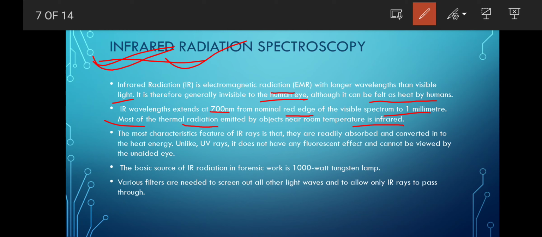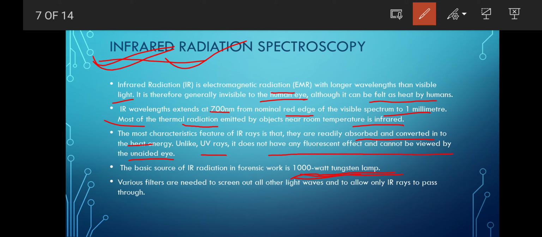The most characteristic feature of IR rays is that they are readily absorbed and converted into heat energy. Unlike this, UV does not have any fluorescent effect and cannot be viewed by the unaided eye. With UV, like blue color filters, we can easily see, right? But IR is unaided; without it, you cannot see them. The basic source of IR radiation in forensic work is a 1000-watt tungsten lamp.